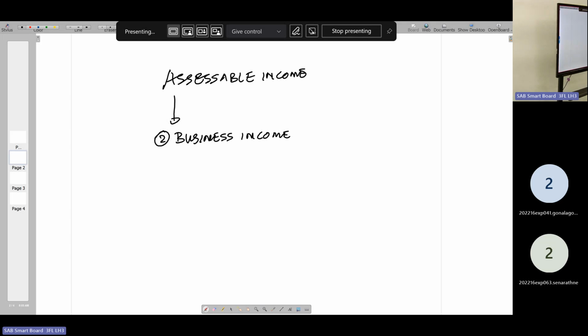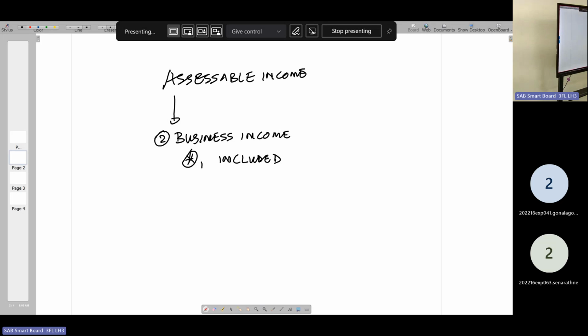Under the business income, we have already discussed some things that need to be included, and we work out the taxable income from business.